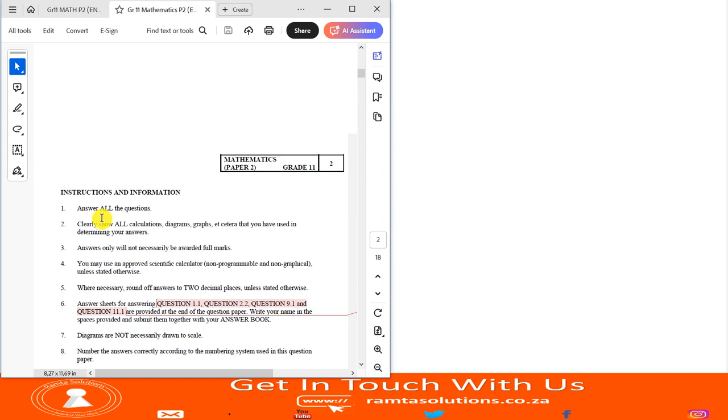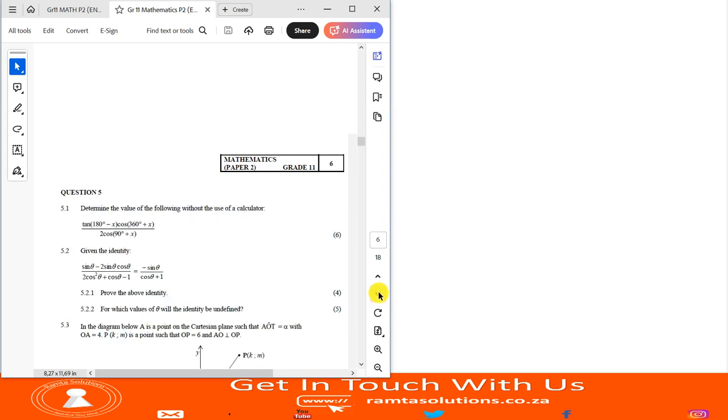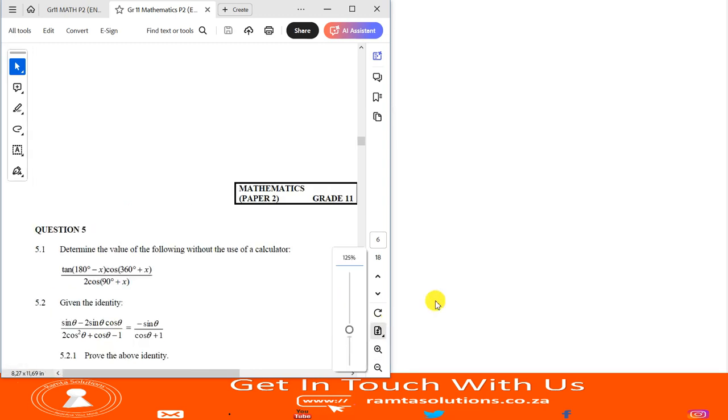All right, let's get to our questions. Trigonometry is normally question 5. Remember, guys, if you're using a mobile device, please rotate your screen so that you have better viewing. Question 5.1: determine the value of the following without the use of a calculator.